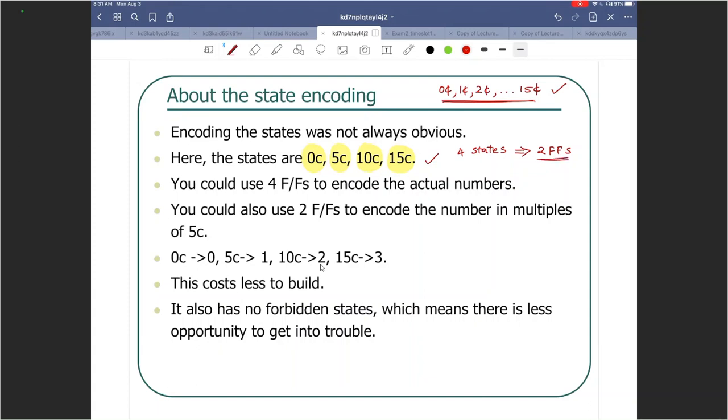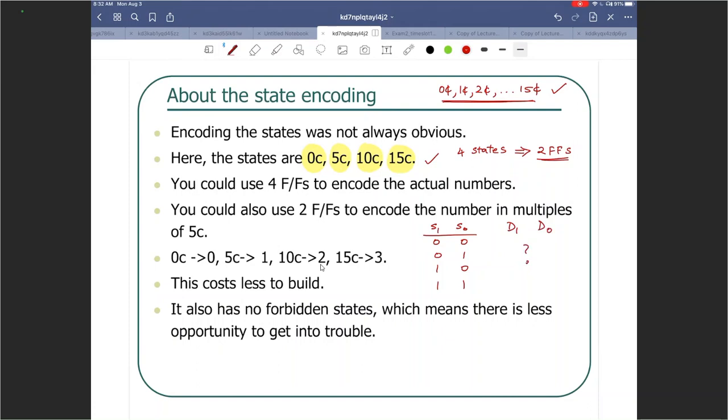Because if you have 4 states, then when you move to the state encoding, you can say 0, 0. Suppose I say state is S1 and S0, right? And when state is 0, 0, 0, 1, 1, 0, or 1, 1, my D inputs, say D1 and D0, what are those, right?